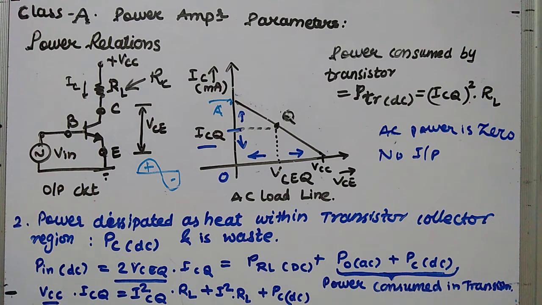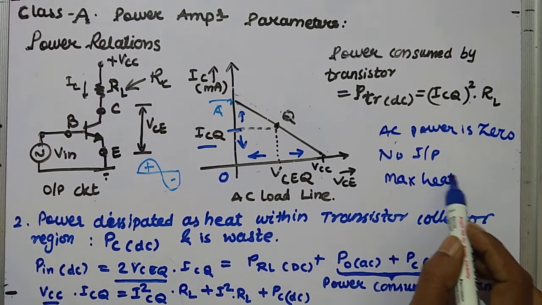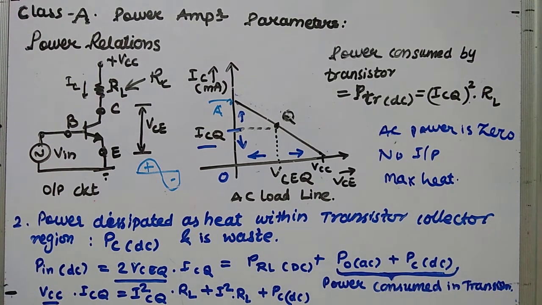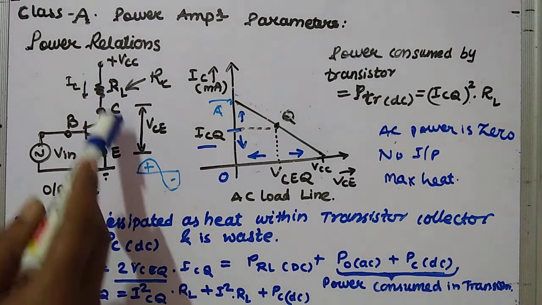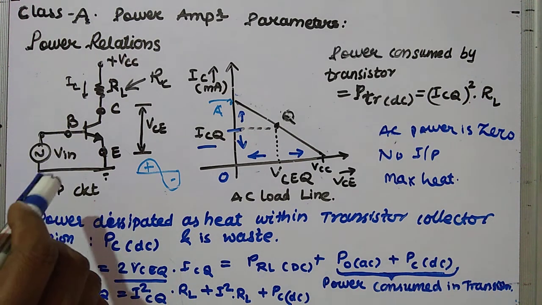It means that a class A power amplifier will dissipate maximum heat, maximum power, and under the zero signal condition, all the energy is getting wasted. Otherwise, the heating of the transistor is reduced by the amount of AC power converted by the stage and supplied to the load. Thus, the transistor is cooler when delivering power to the load than when there is no AC.